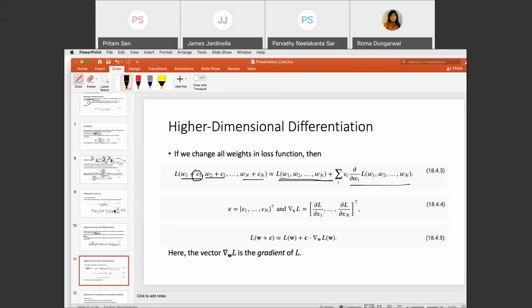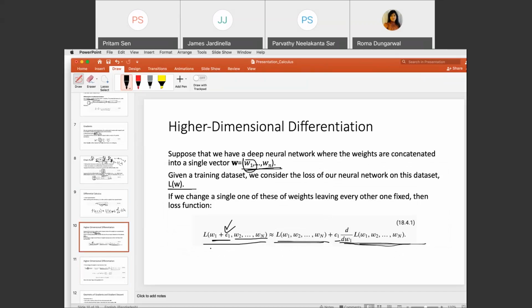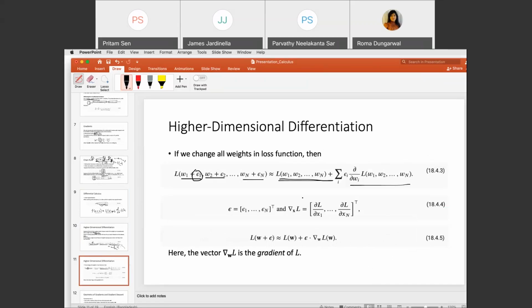So we can apply this rule for a single variable like this, and for multiple variables the other terms are added. If we add all of these things, we present it as a summation over all the parameters.